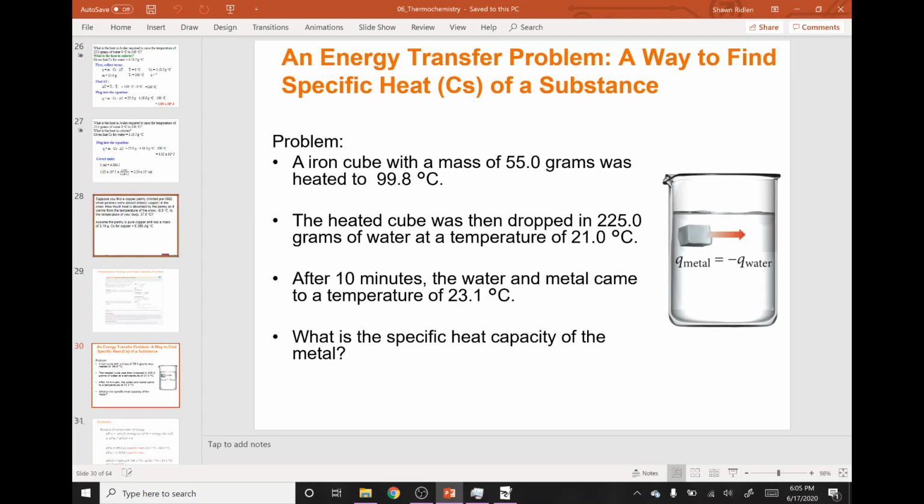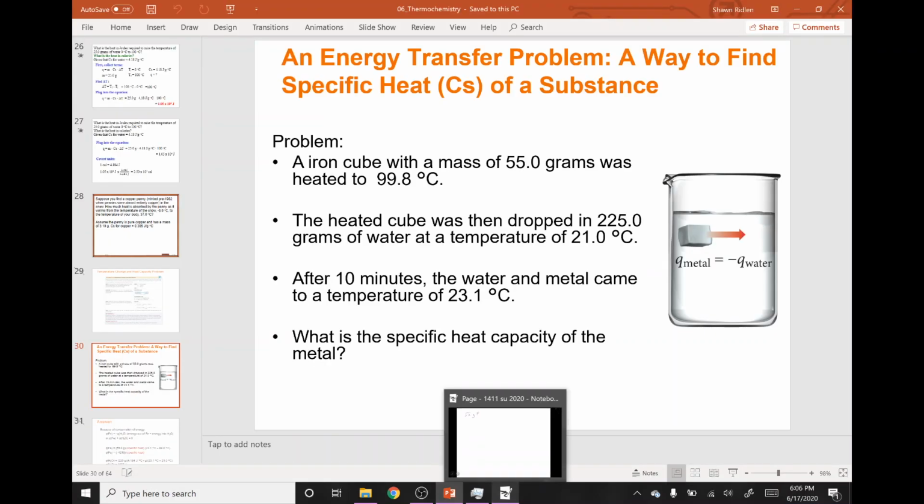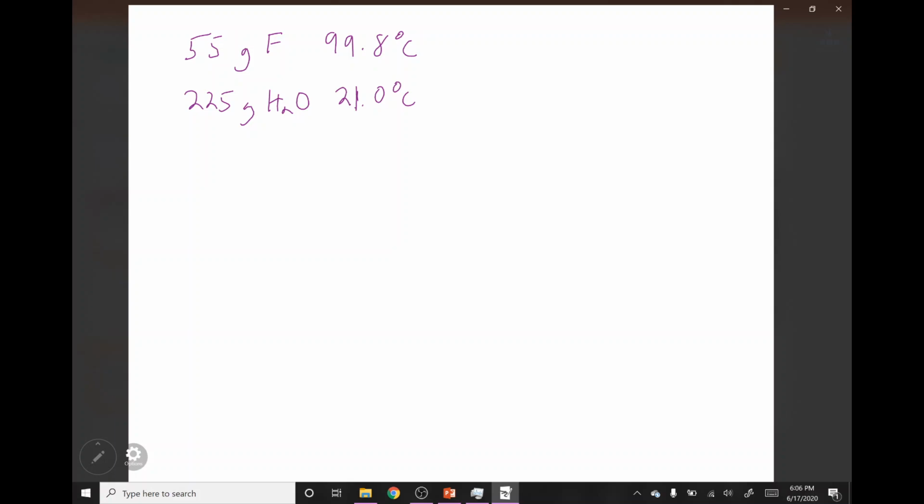First thing they told us was we have 55 grams of iron, and it was heated to 99.8 degrees C. The cube was dropped into 225 grams of water at 21 degrees C. Then it tells us after 10 minutes the water and the metal came to a temperature of 23.1 degrees C. So T final equals, was it 21 or 23?